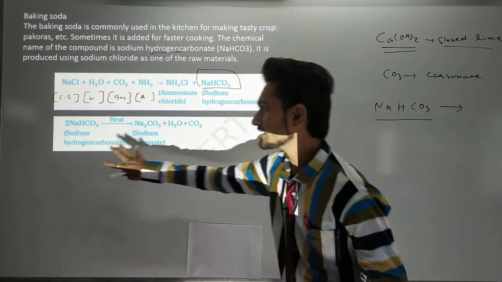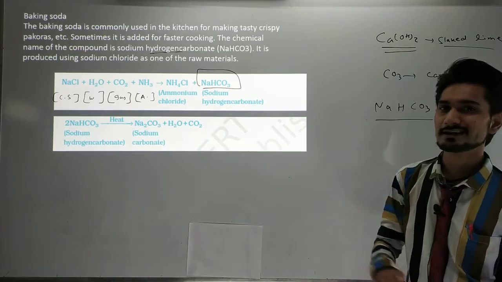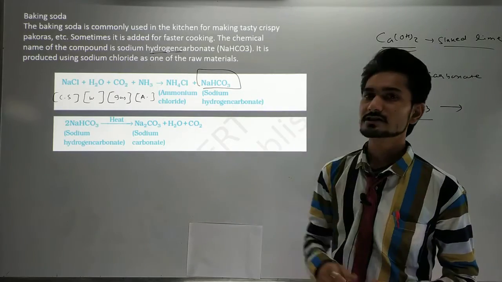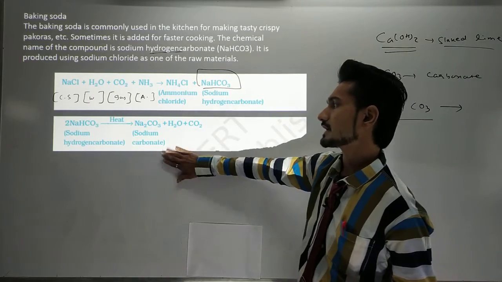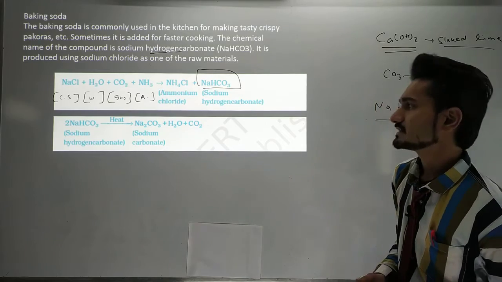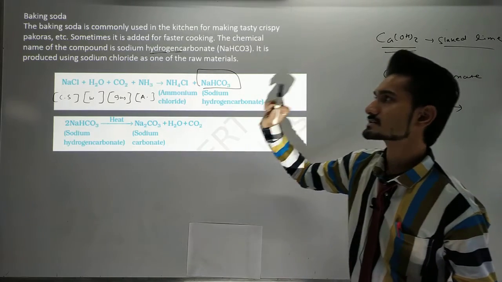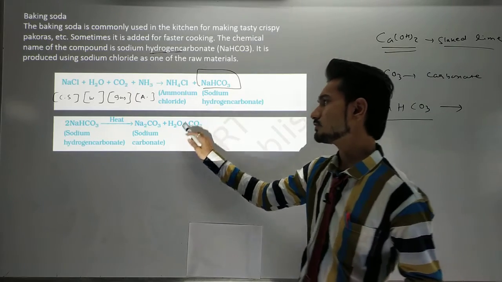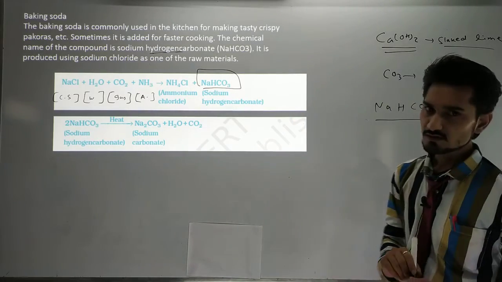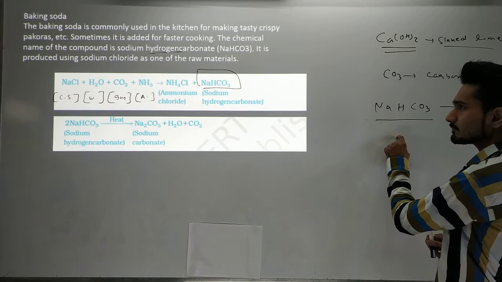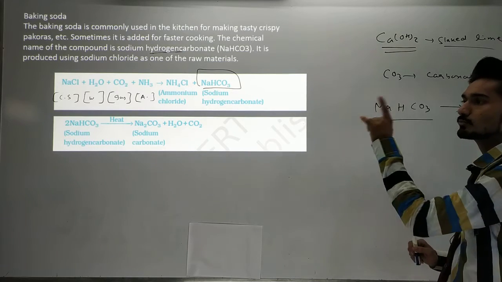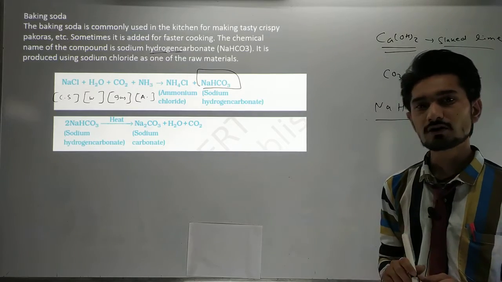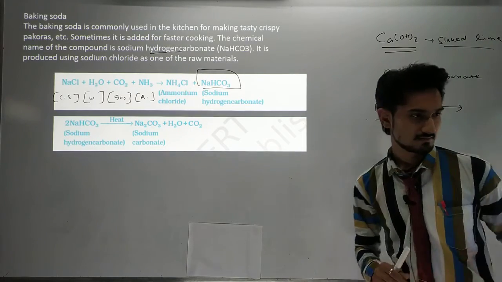And if I react the sodium hydrogen carbonate and increase the amount of heat, it gives us the sodium carbonate Na2CO3, and that will be the product known as the baking soda, and it also releases the H2O and CO2. Now sodium hydrogen carbonate is the raw material to make the Na2CO3, and Na2CO3 is known as the baking soda.